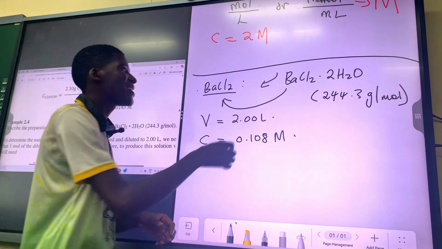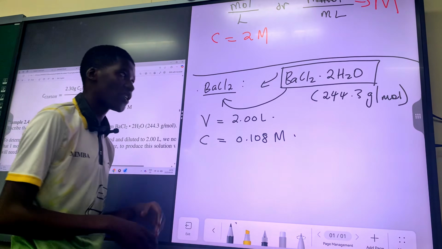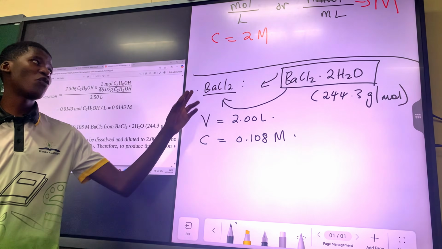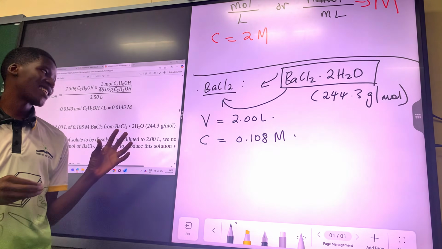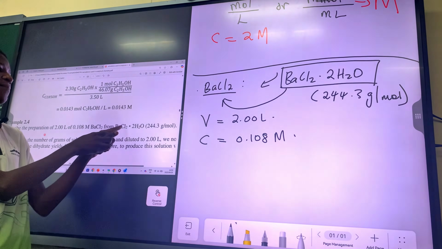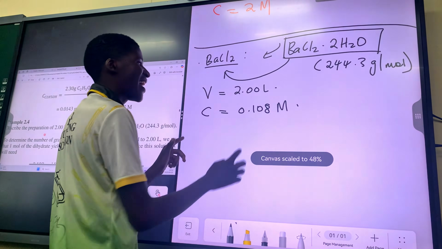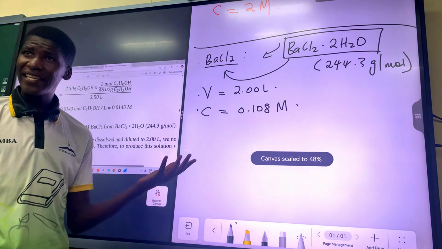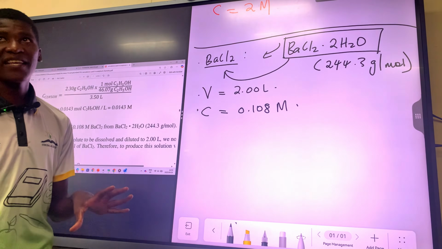So what is the mass of barium chloride dihydrate that we're going to use to create barium chloride with this volume and this concentration? So the idea is using these two, find the mass. That's the question. It says describe the preparation, but find the mass.